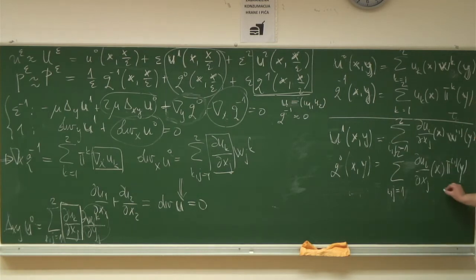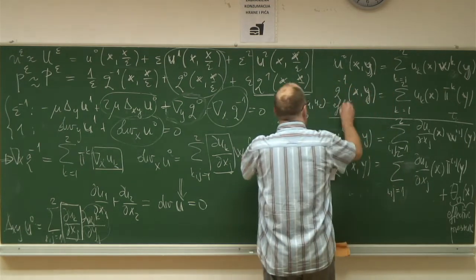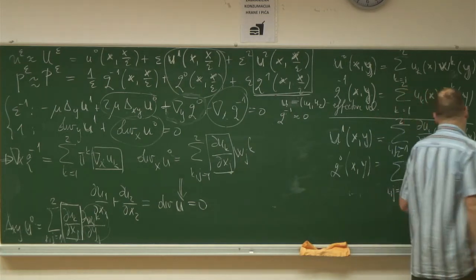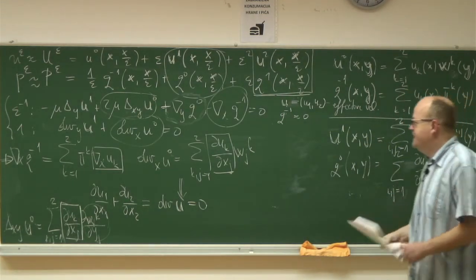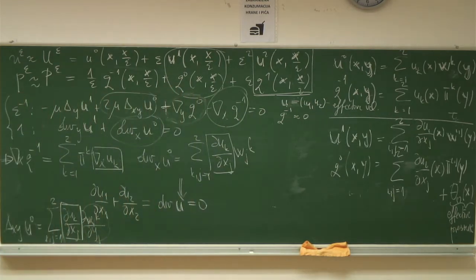So here we add a function which we denote by theta 0 that depends only on this variable, and this will be our effective pressure. So this is effective velocity, we have this already written, and this will be our effective pressure that will appear both in the effective equations and effective boundary condition.